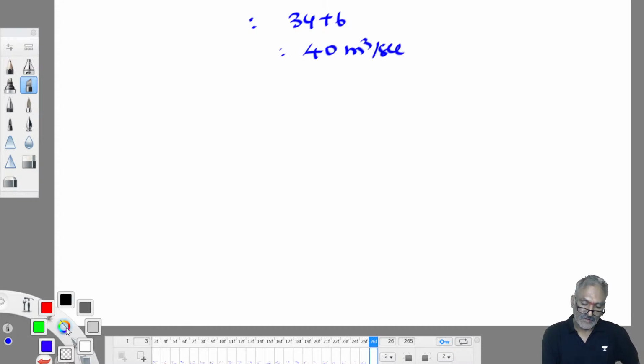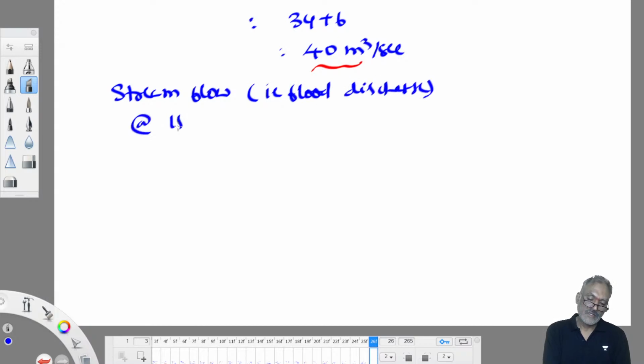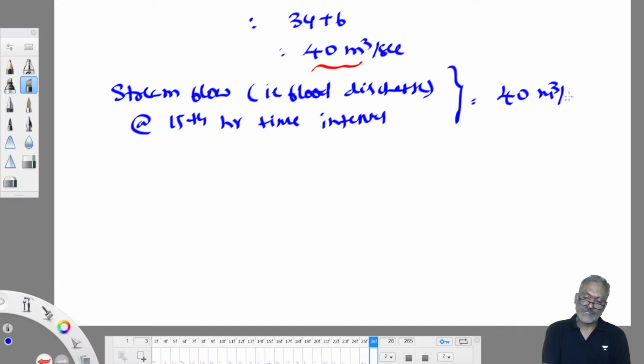That was the answer for that question. So that is the stream flow. Stream is carrying flood discharge at the 15th hour time interval, which is exactly 40 meter cube per second. That was the answer for this question. Understood now?